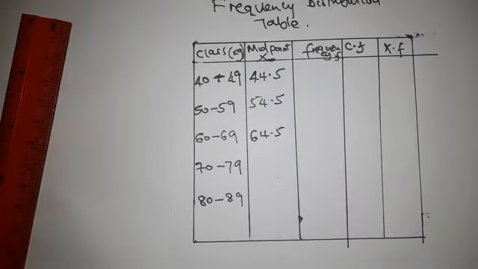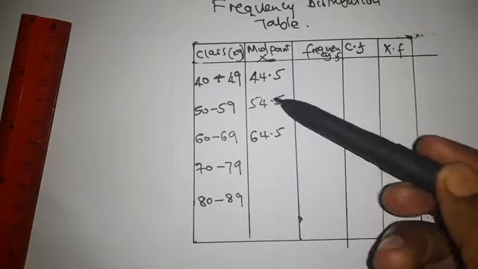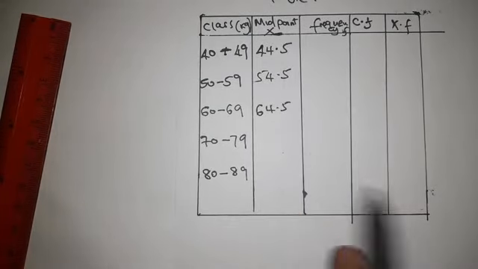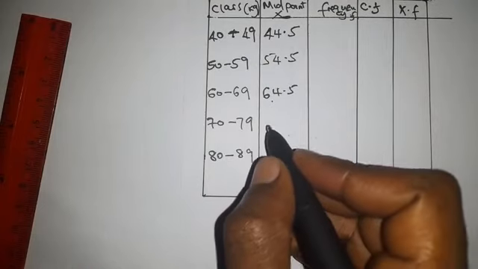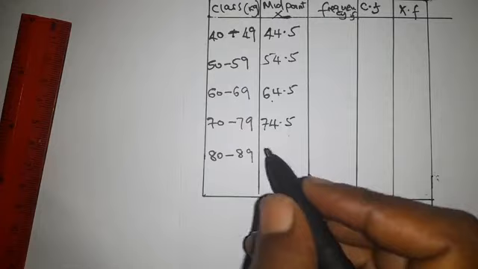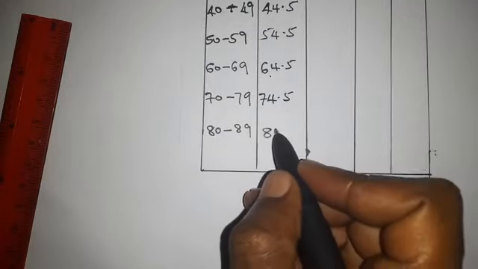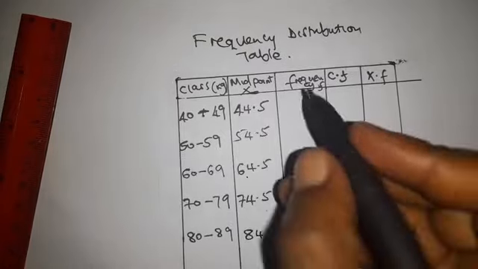The trend is that we are just adding 10, so we can still add 10 here and get 74.5, and this other one is 84.5.